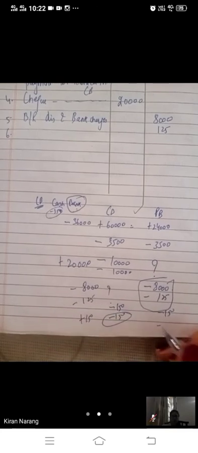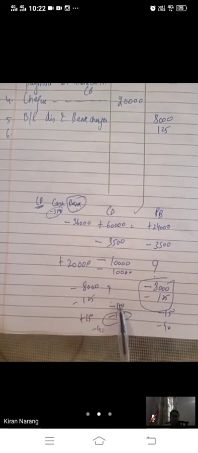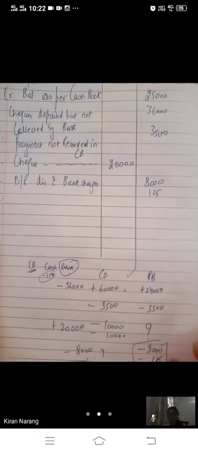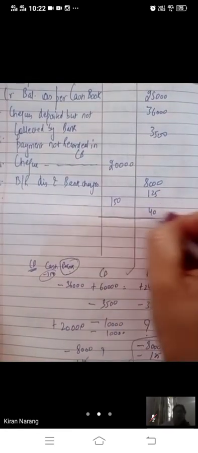And the 40 rupees bank charges we have not recorded at all, so we will subtract that. 150 we will add because we have written it twice, and 40 we will subtract.